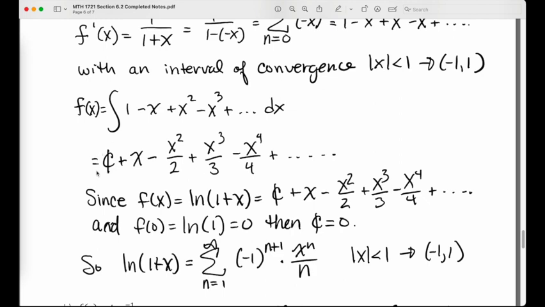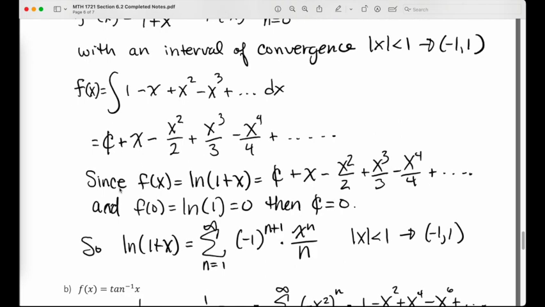So that's why we put this constant in the front here now. Because we have our function, which is the natural log of 1 plus x, and we found that it was this here, our constant plus x minus x squared over 2, etc.